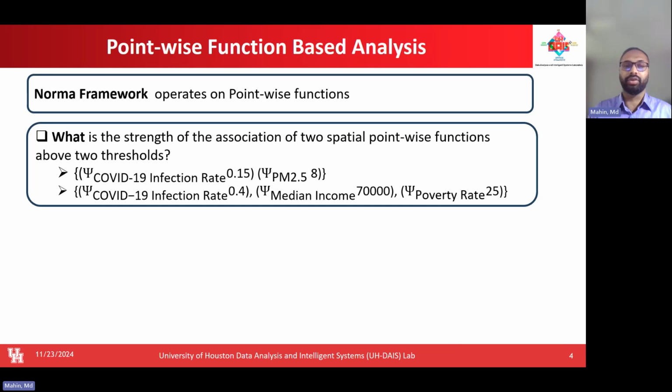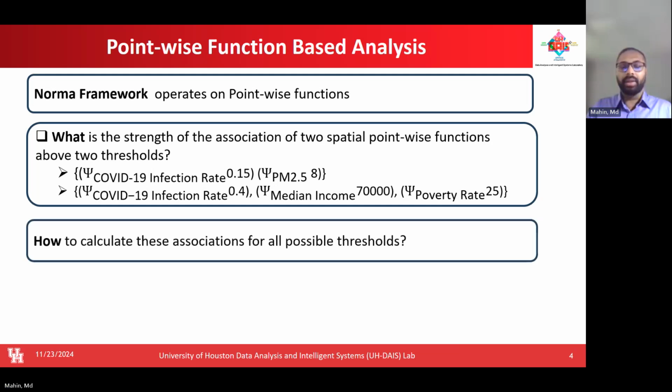For example, if we reuse the previous example, pointwise function from COVID-19 infection rate above 0.15 and pointwise function from PM25 above 8, how strongly they are related. Or pointwise function from COVID-19 infection rate 40%, pointwise function related to median income and value 70,000, and pointwise function from poverty rate and value threshold 25, how strongly they are related.